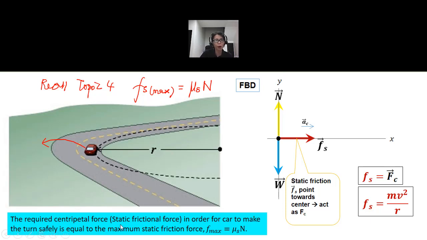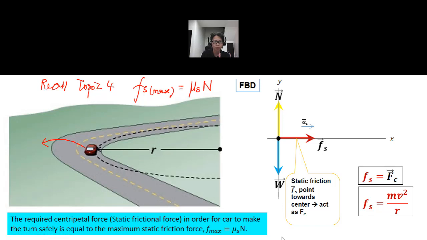So the required centripetal force, or in other words the static friction force, in order for the car to make the turn safely, is equal to the maximum static friction force. Kerana static friction force have a maximum value, so there is a limitation of velocity di mana kereta tu boleh bergerak round the flat curve and safely make the turns.